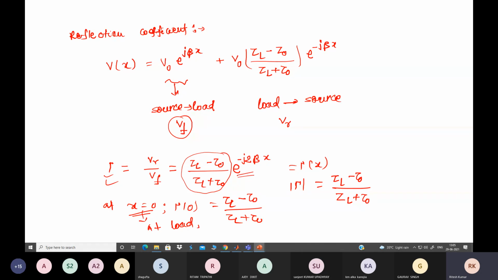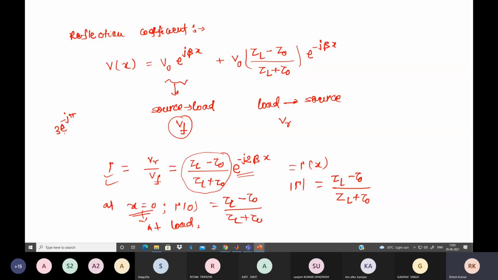So in a problem, whenever the magnitude of the reflection coefficient is given, it doesn't mean that it is positive. It may be a positive value or a negative value, due to this term, the phase change. Suppose the phase change is pi and the magnitude is 3, so what will be the value? 3 e to the power minus j pi. Now what is the value of e to the power minus j pi?